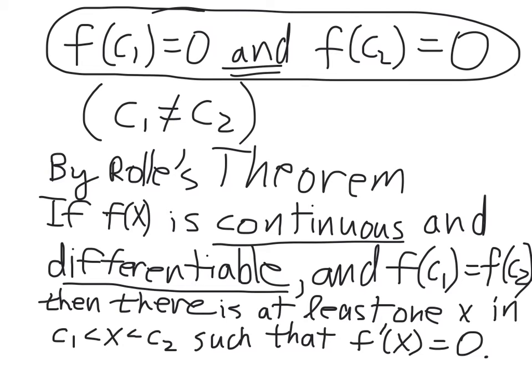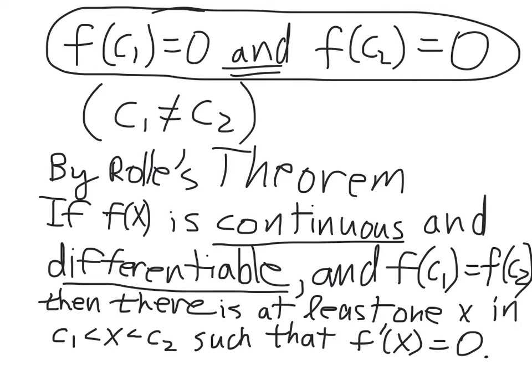Now think about that. We have two x values where the y values are 0. Graphically, if we have a continuous function going up from the first 0, from c sub 1, to get back to the second 0, c sub 2, the graph has to turn around to go down to it, which means there's some point up there where the derivative, the slope of the tangent line, would equal 0.